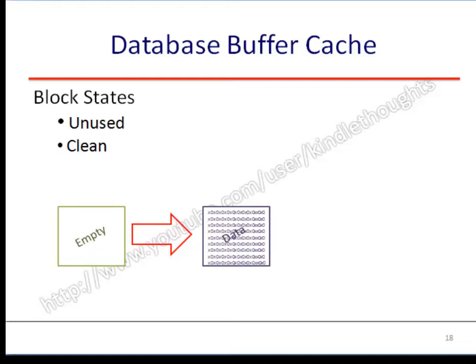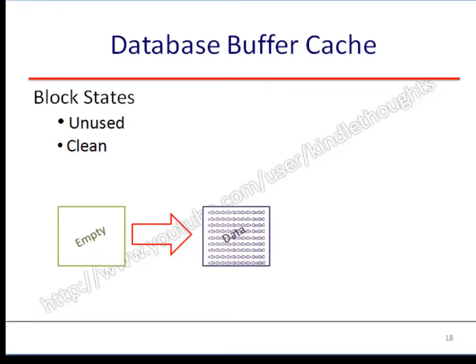Now, if this data is not modified, and at the same time, if this data is slowly moving towards the LRU end because it's not being used later, it continues to be clean. It's called a clean state.